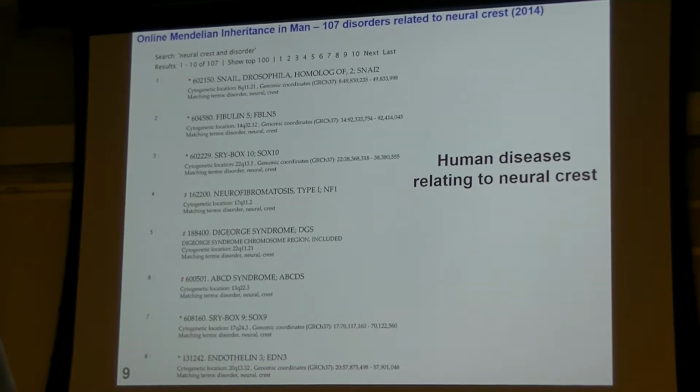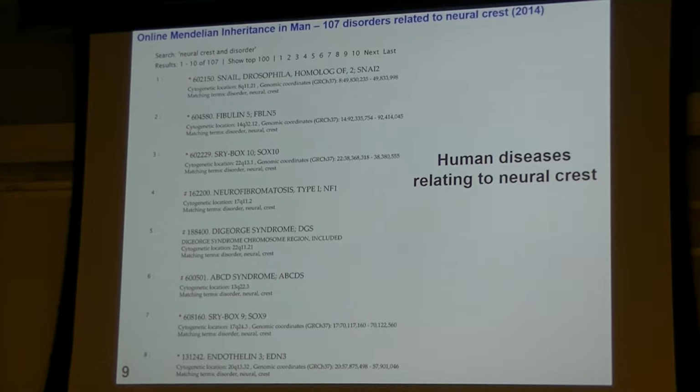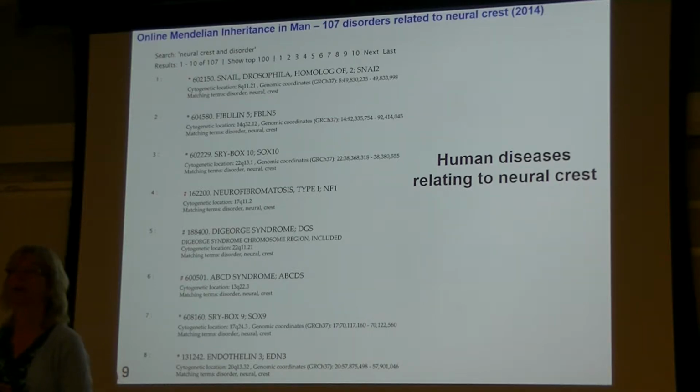Mendelian Inheritance of Man database, which, if you haven't heard about this, it's kind of a cool thing to know about. It is a database that is a collection of all that we know based on genetics and mutations, medicine, human disease, and biochemistry, all collected in one spot.